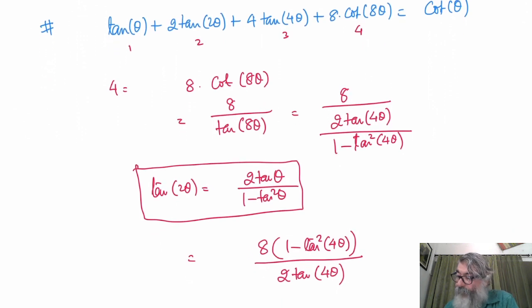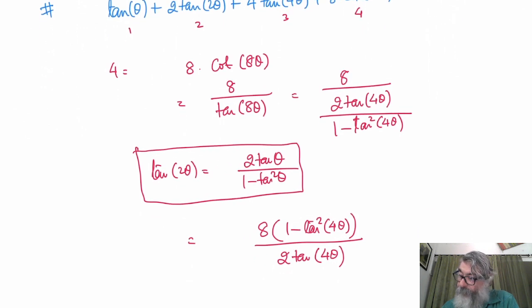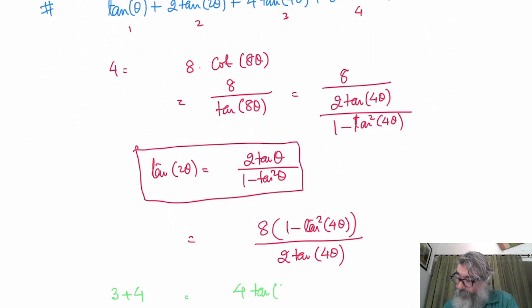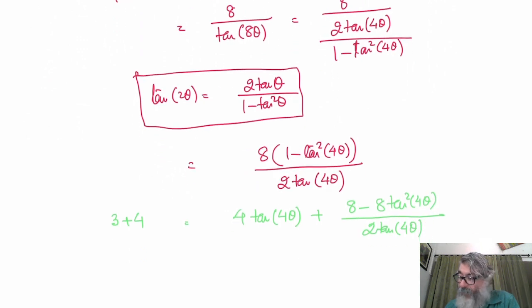Now third plus fourth step. 4 tan 4 theta plus 8 minus 8 tan square 4 theta upon 2 tan 4 theta. I'm just using the basic steps. I'm not using any complicated form.